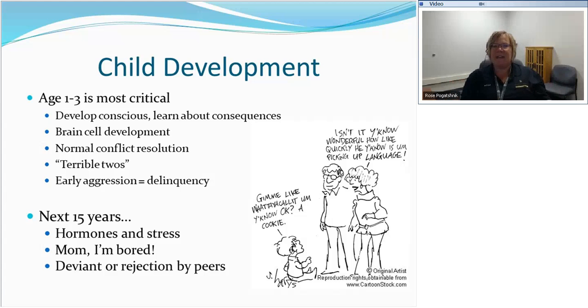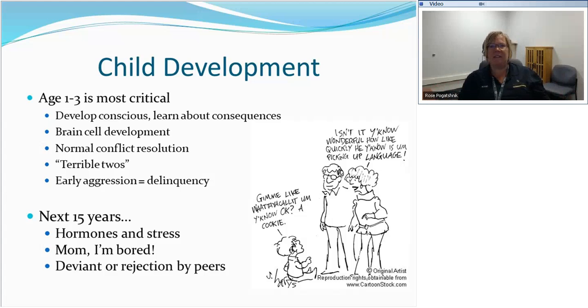Research has demonstrated that kids who become delinquent have another commonality in that they were bored. And so providing kids opportunities for constructive things to do is one of the key ways to avoid delinquency. There's a saying out in the field that busy kids are not delinquent kids.